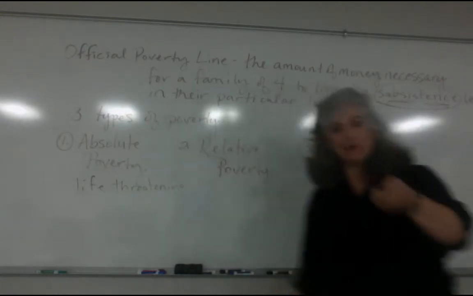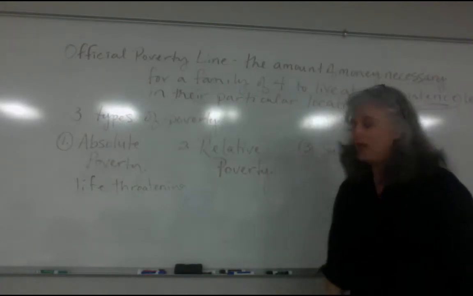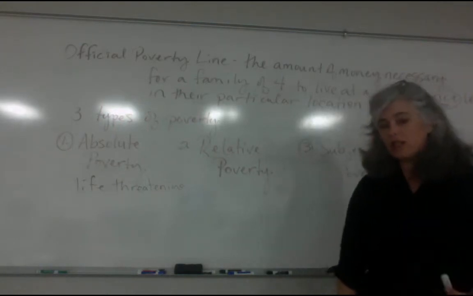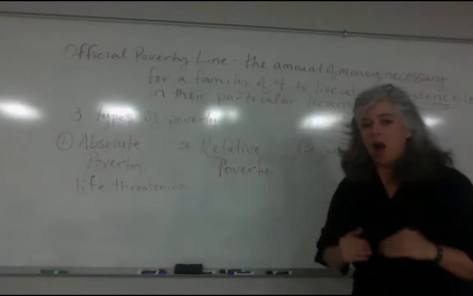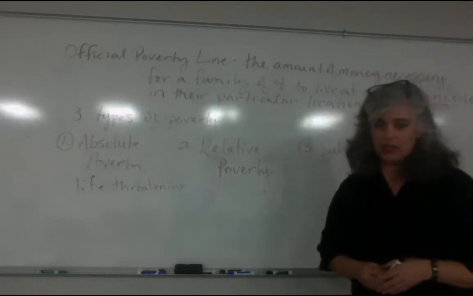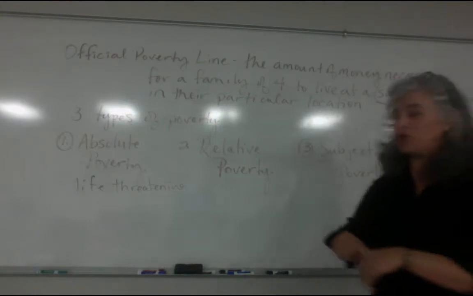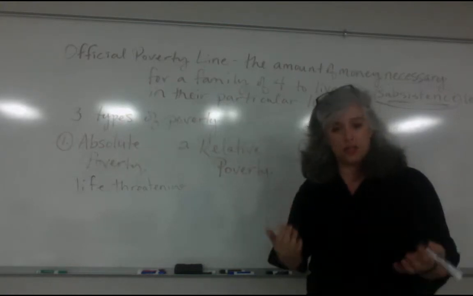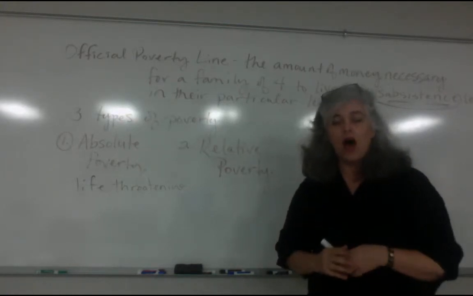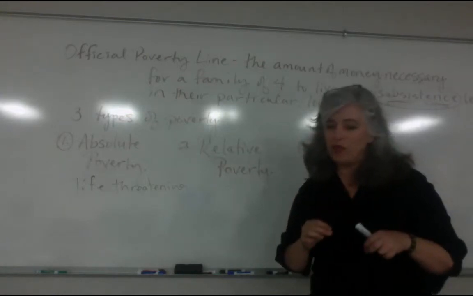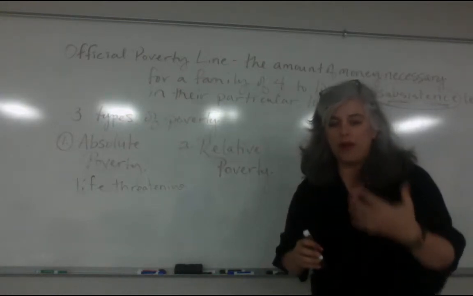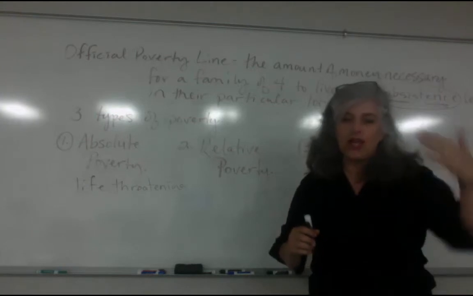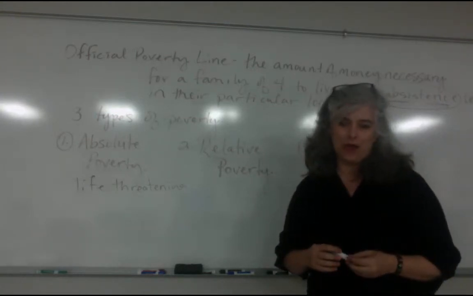All right, let's move on to relative poverty. Relative poverty is extremely common in the United States. We have not talked about our socioeconomic categories yet in the United States, but when we see each other again face to face and we start drawing a lot of those ladders with all the steps and the rungs on the ladder, like I discussed in class the other day, we will talk about socioeconomic levels and what the job availability is, what the income availability is, what the wealth, power, and prestige issues are with each of these different socioeconomic levels.